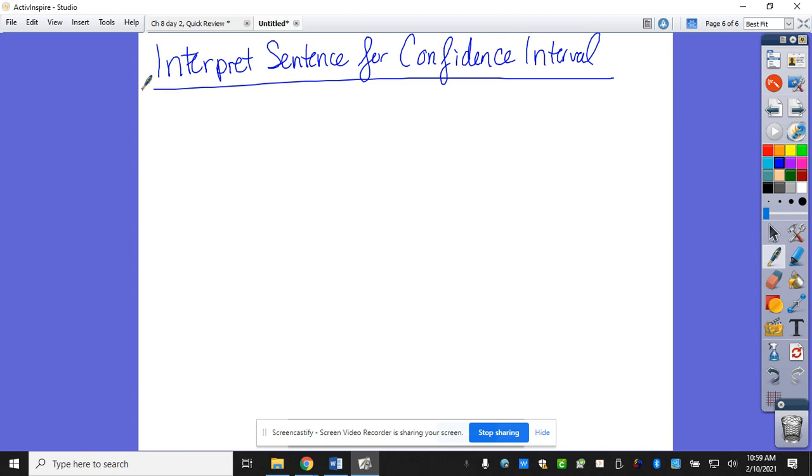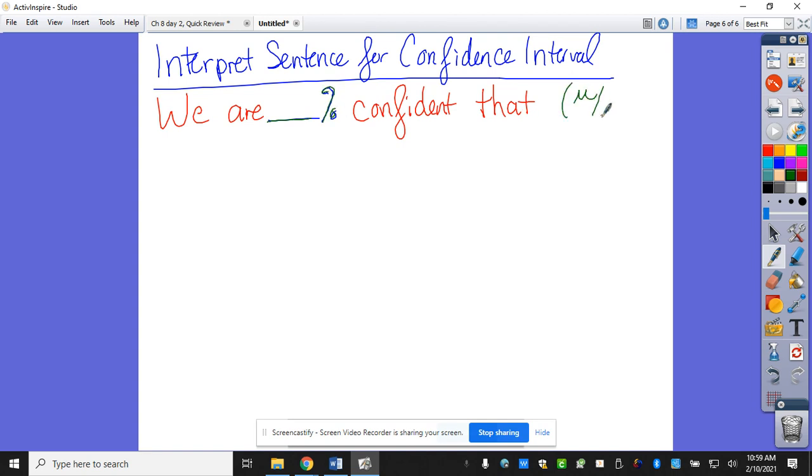Alright, so this one is: we are number percent confident that mu or p, which is the true, what is this one?